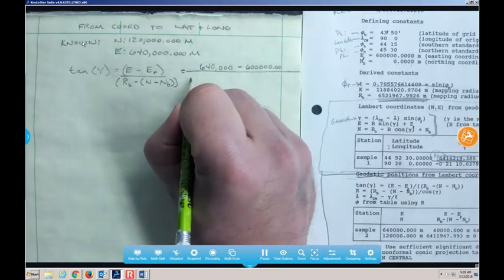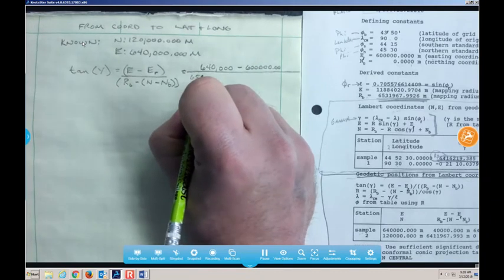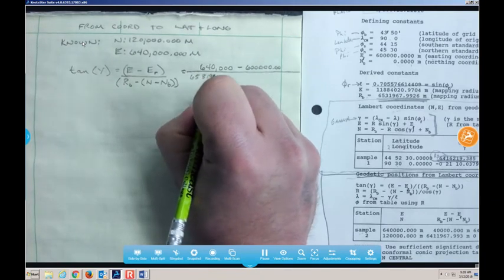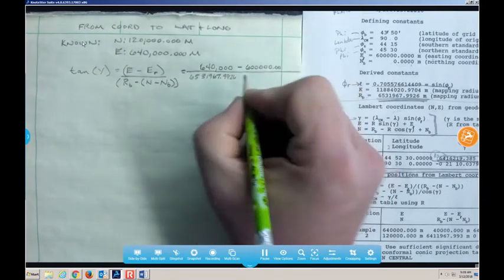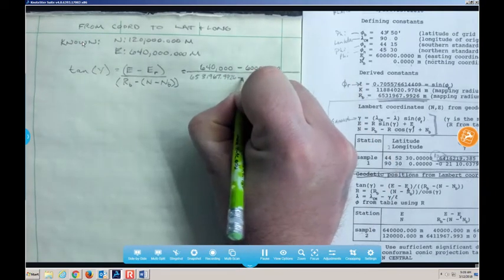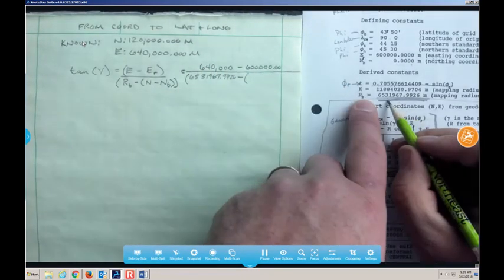So the mapping radius is 6531967.9926 minus, that's the RB here.